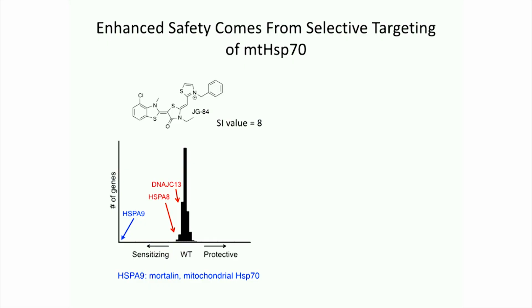So he did a screen here again at the IC50 where it's just starting to kill cells and asked what genes, when you knock down, sensitize the cells to this drug. And the idea of this is very simple.